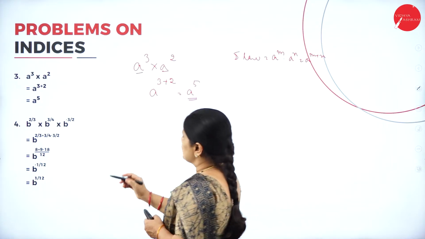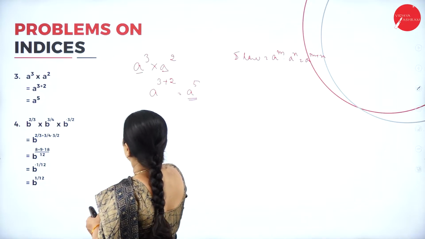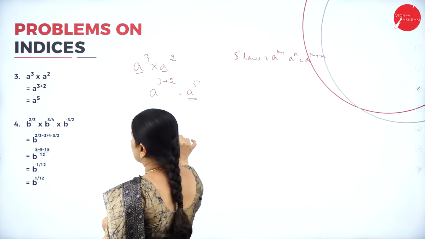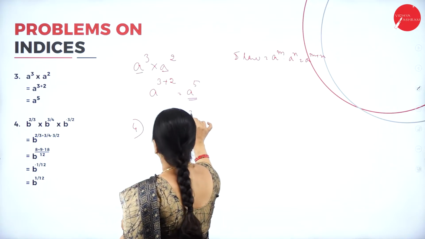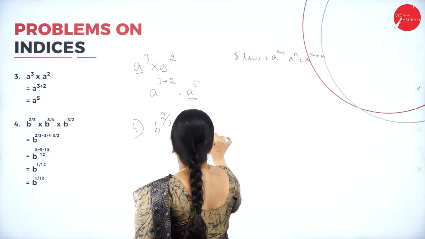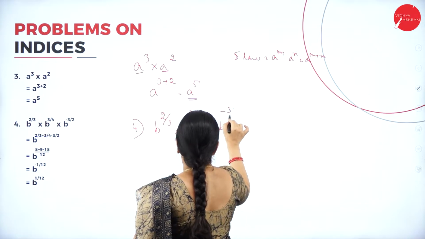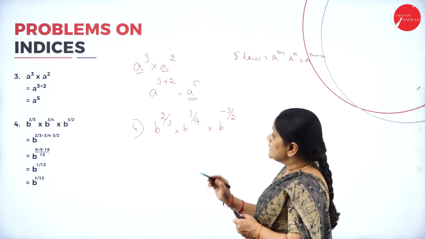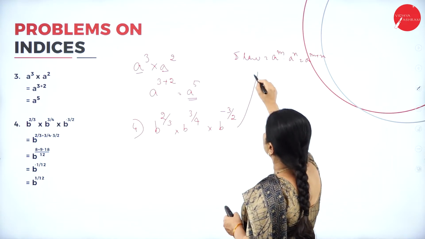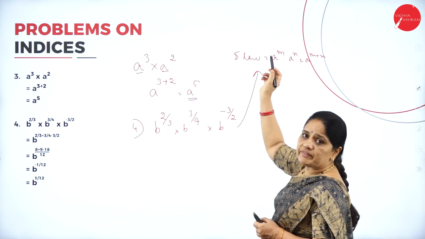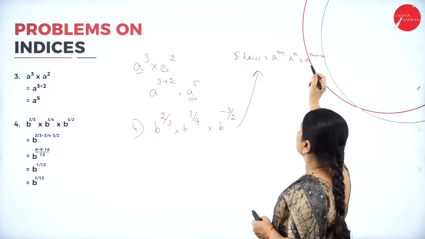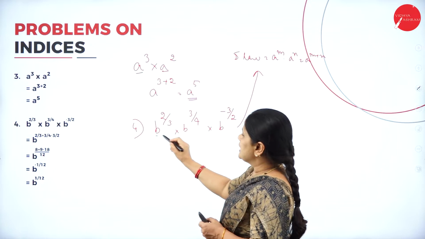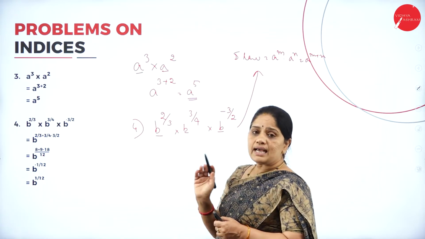Now, next problem, problem number 4: b to the power of 2 by 3 into b to the power of 3 by 4 into b to the power of minus 3 by 2. Again, this is a problem based on the first law, that is a to the power of m into a to the power of n equals a to the power of m plus n. Now, you can see here the bases are same.